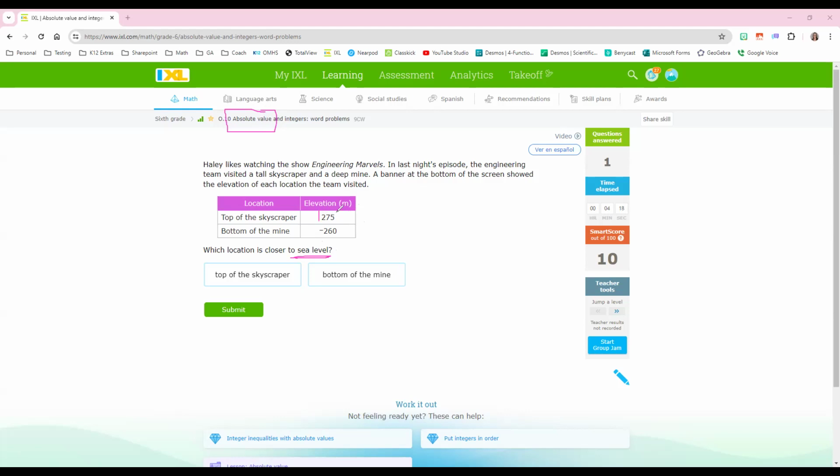So the absolute value of the skyscraper here would be a positive 275. And then the absolute value of the mine would be a positive 260. So which one of these numbers is closer to 0? Which one's closer to sea level? That would be our 260. So that means the bottom of the mine is the location that is closer to 0, is closer to sea level.